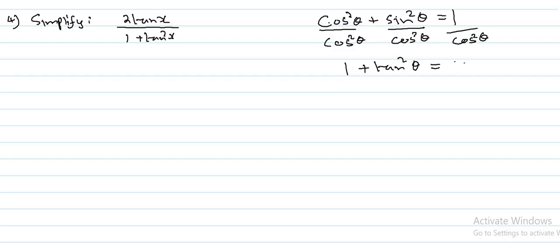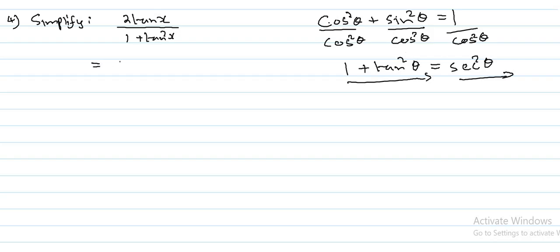If it is squared, it's not cosec, I mean it's sec. My apology. It's sec squared theta. So meaning where I see 1 plus tan squared theta, I can substitute with sec squared theta.